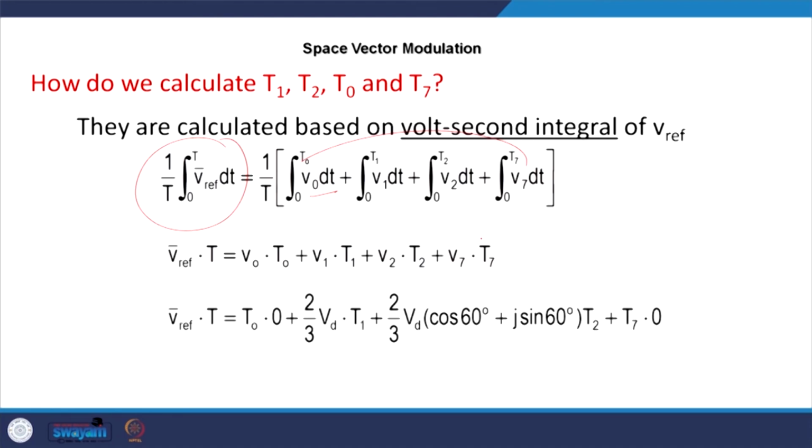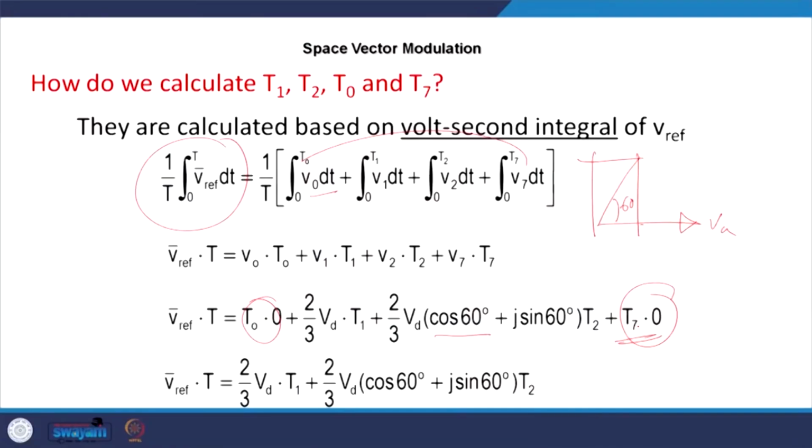So, ultimately we require to see that this voltage vector is aligned to VA, but this is this and this magnitude is 1/3 of it at 60 degree. So, you have to take the component of it in its direction. So, for this reason it is 2/3 Vd into T1 plus 2/3 Vd into cos 60 plus j sin 60, and that magnitude will be there, plus T7 into 0.